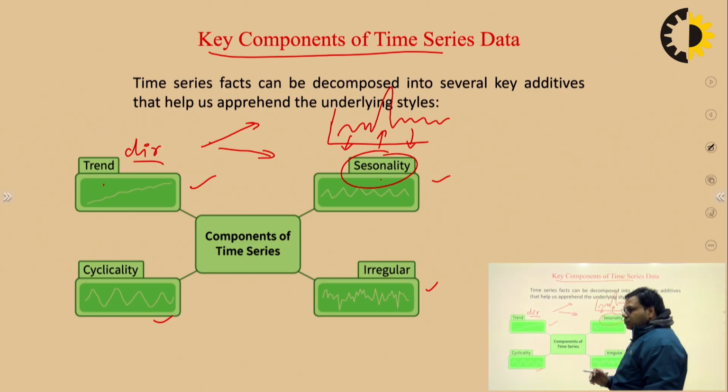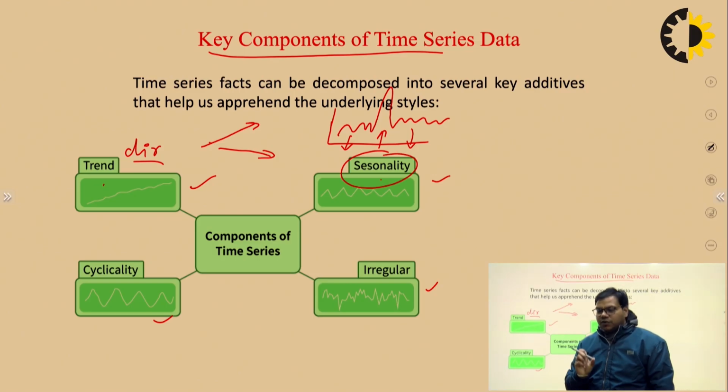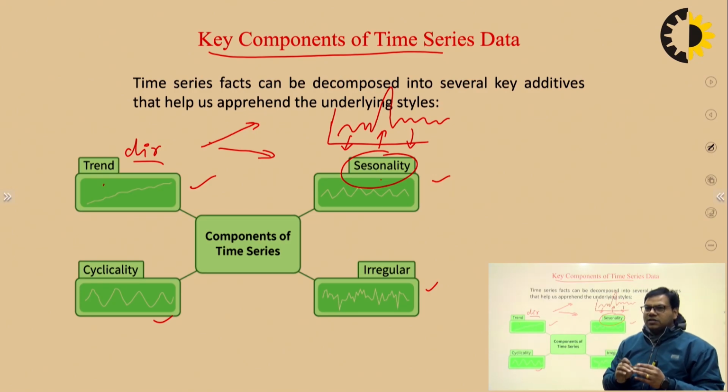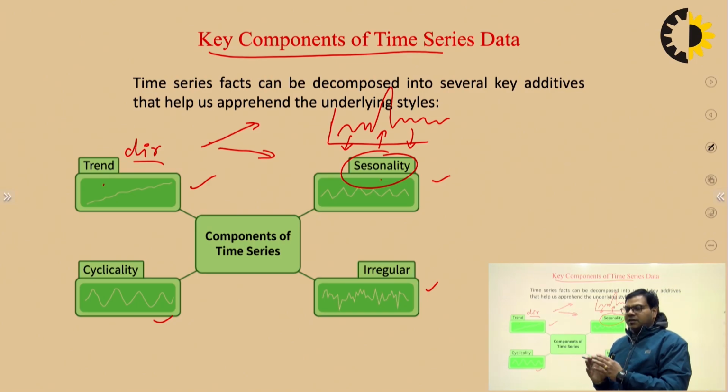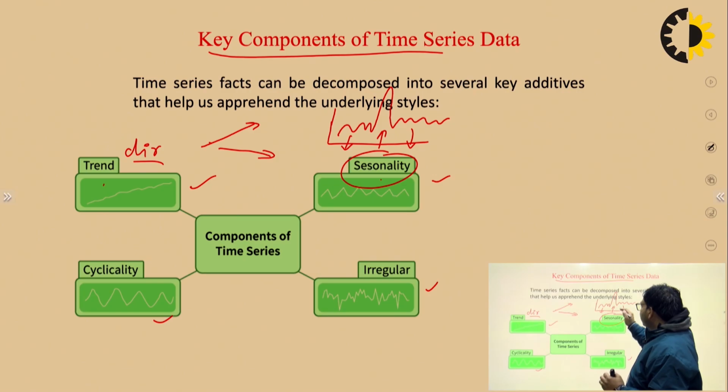Like if we talk about woolen clothes, they have seasonality. Only in winters is there a spike in their sales. In the rest of the months the sales are like this. So after analyzing the sales data of woolen clothes, we can identify the duration, the season.